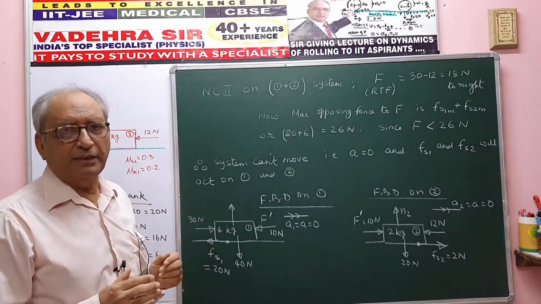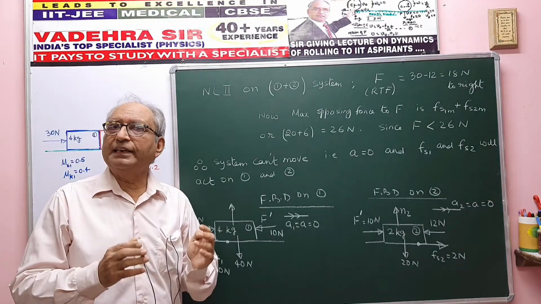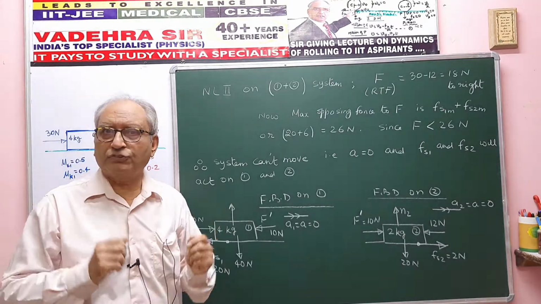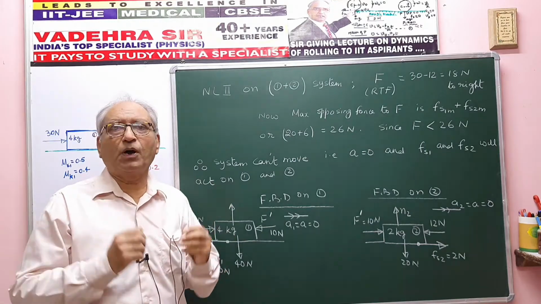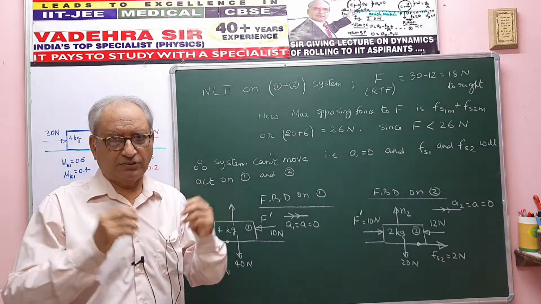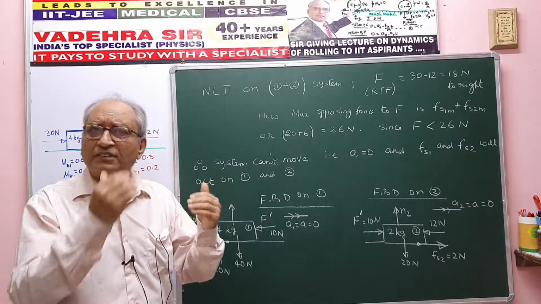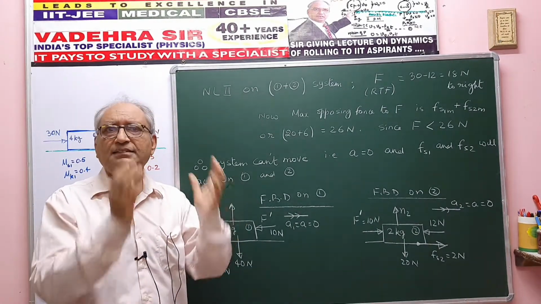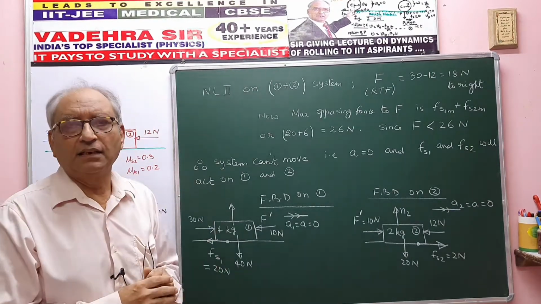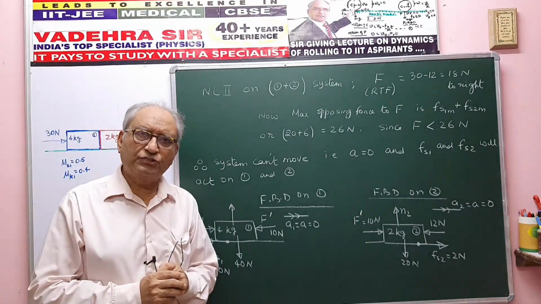The major interest will be to find the contact force, the friction force on each block, and the acceleration. I may not follow all these things in sequence, but when I analyze this, you will know how to handle problems of connected bodies.